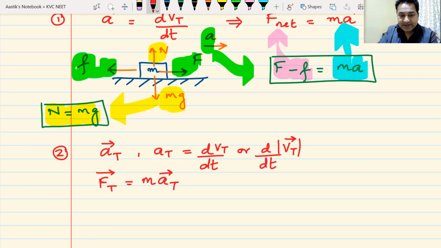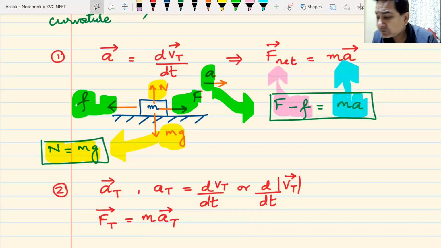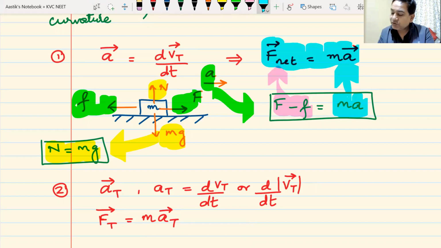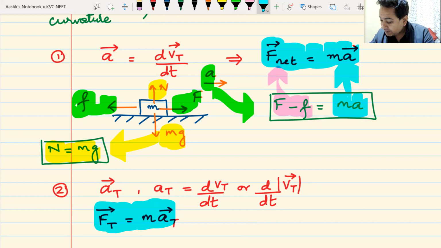I hope everyone can relate this one with the upar wala one. In the upar wala one, I had the total net force. Total net force, F net, is mass into acceleration. If I only talk about the tangential component, the tangential force Ft will be equal to m into at.